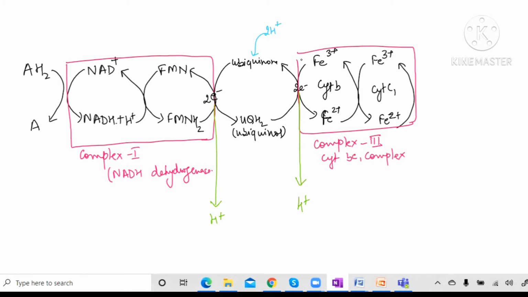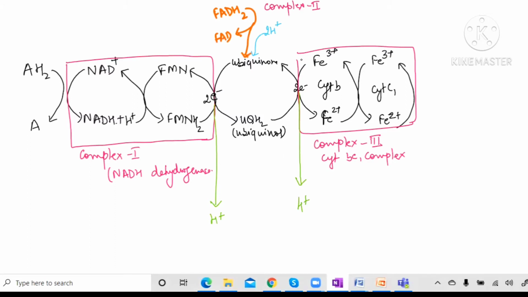Now focus very carefully. If you remember in the Krebs cycle, FADH2 is formed by the succinic acid dehydrogenase enzyme. When FADH2 changes back into FAD, it gives its entire hydrogen to ubiquinone. So here your complex 2 is present.